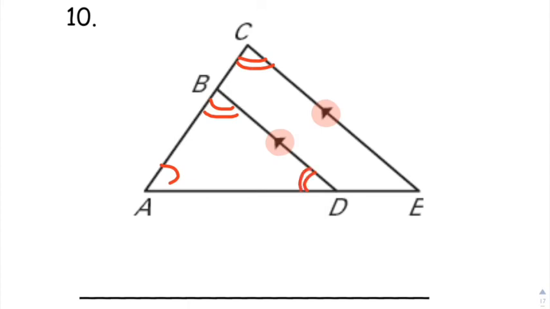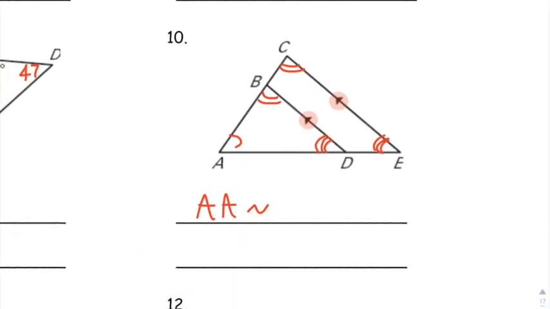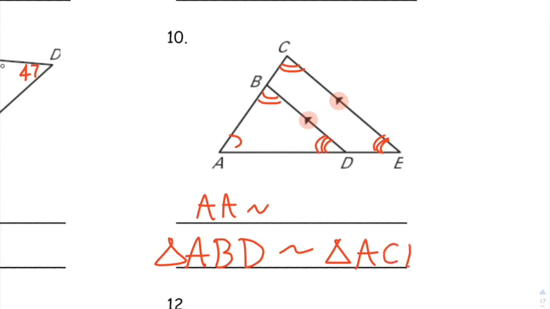And you can do that on the other side over here by angle D and over here by angle E as well. So we can say that these are similar by the angle-angle similarity postulate. And then we can say triangle ABD in this case is similar to triangle ACE.